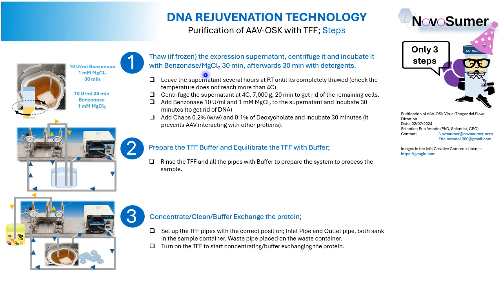And the magnesium chloride stabilizes the DNA. So by stabilizing the DNA, we isolate the DNA from the AV-OSK. Okay, so we incubate for 30 minutes, and afterwards we add detergents. The detergents are able to isolate the AV-OSK from some of the contaminants because the detergents stabilize the AV-OSK.